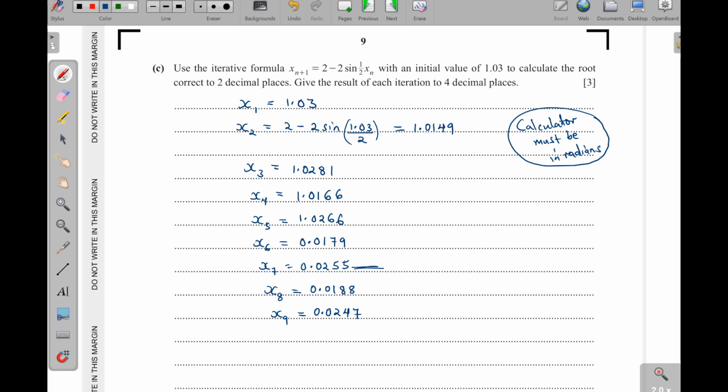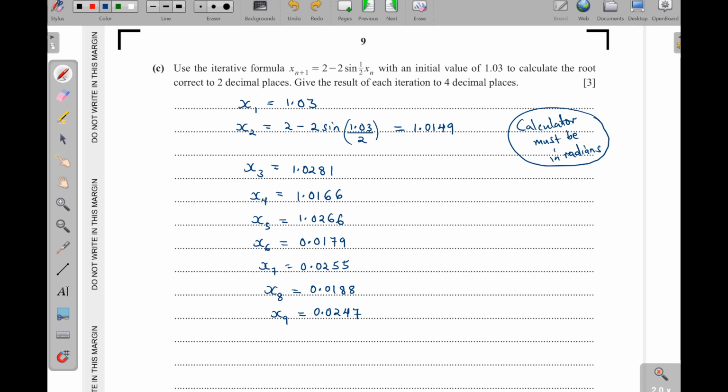Now this one is 1.03, 1.02, 1.02. So I've gotten these two which are 1.02. Then I go for one more that confirms. So at x9, this is the minimum number of iterations I can do.